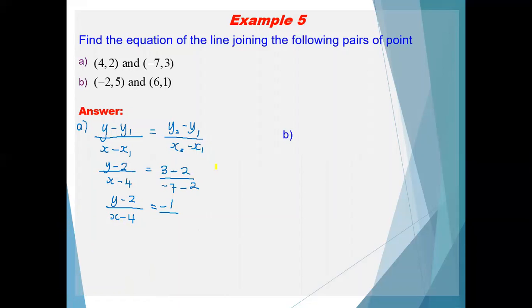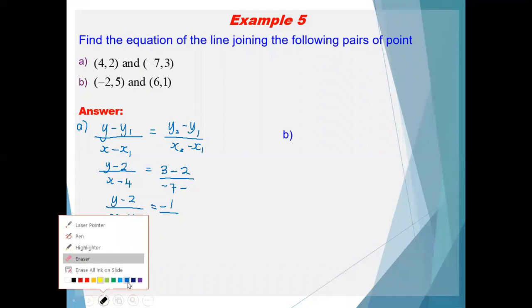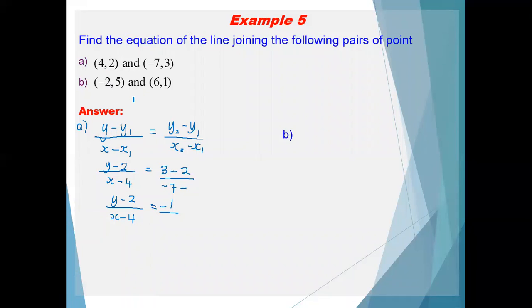Sorry, kat sini ada something wrong. It should be 4 and 8. Okay, sorry. It should be 3 minus 2 over negative 7 minus 4, right?